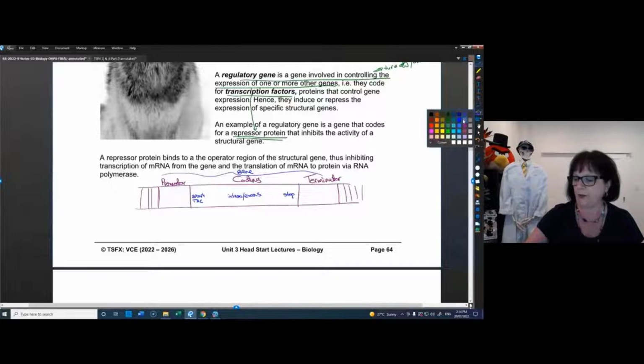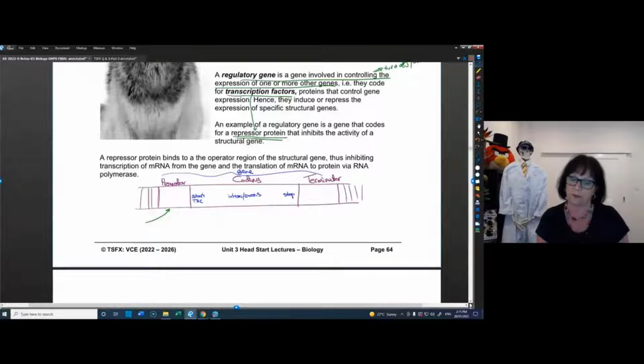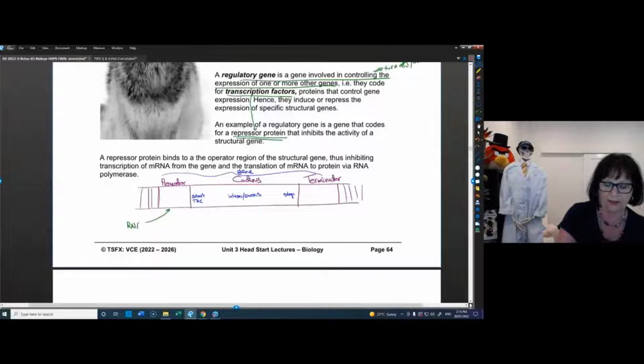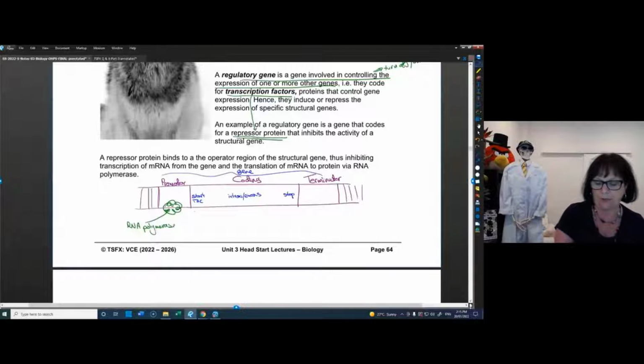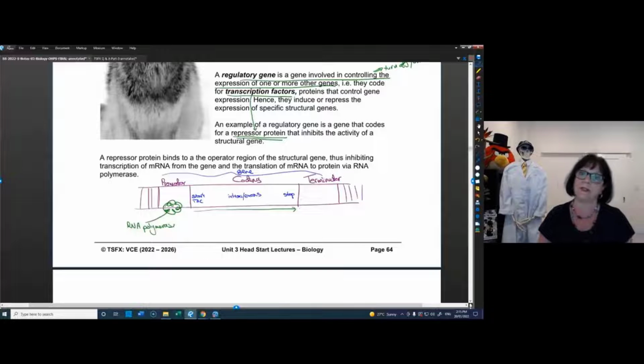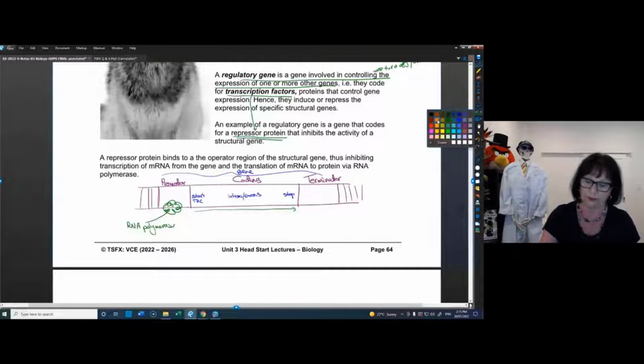And we learned, I hope you remember, that this is where the enzyme for transcription, called RNA polymerase, joins onto the start of the gene, the promoter region. It moves along, transcribing as it goes, forming the pre-mRNA.